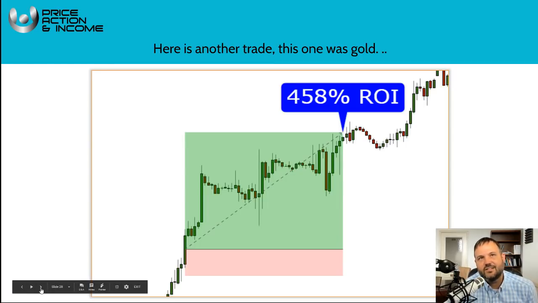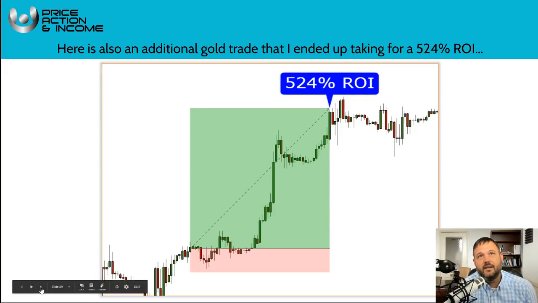Look how tight that stop is and how big the reward is. And another gold trade that was 524%. Again, tight stop, big reward. Every single trade that we take with the exponential profit system is like this. And you're going to learn how to trade just like that because Richard shares everything that he knows.